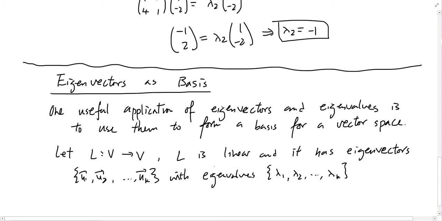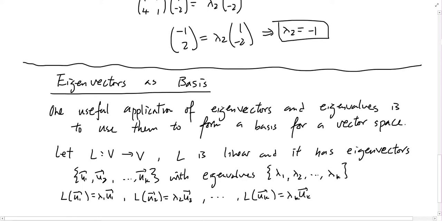So therefore, that implies that L of vector u1 equals lambda 1 times vector u1. L of vector u2 equals lambda 2 times vector u2. And this goes on to L of vector u sub k, which equals lambda k times vector u sub k.